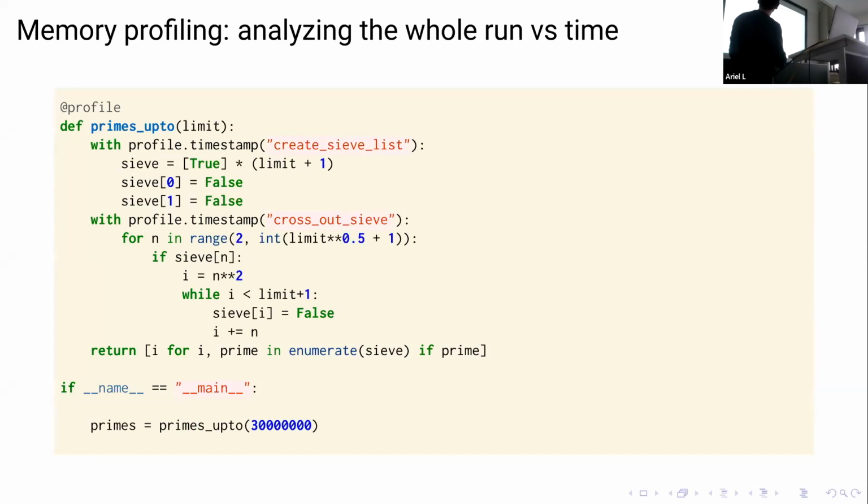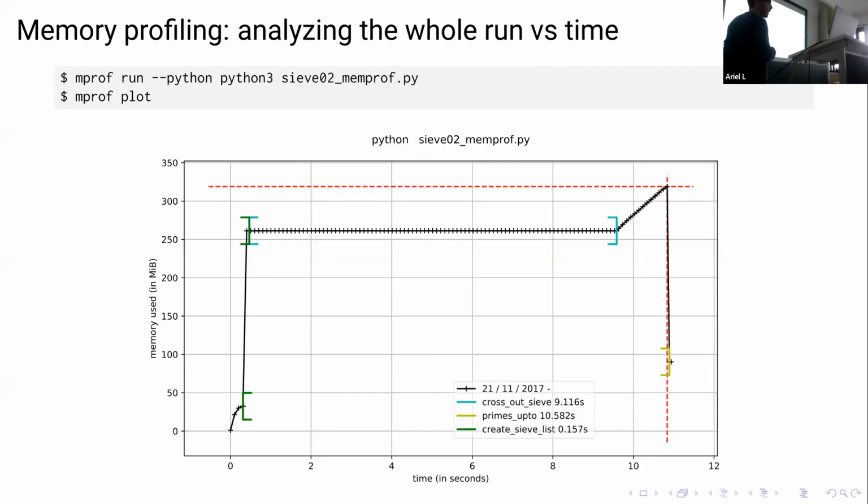From my code, I just change the line where we had the list creation by the addition of 2. We change it this way, and we run the mprof again, and we see now that we don't have this peak at all.